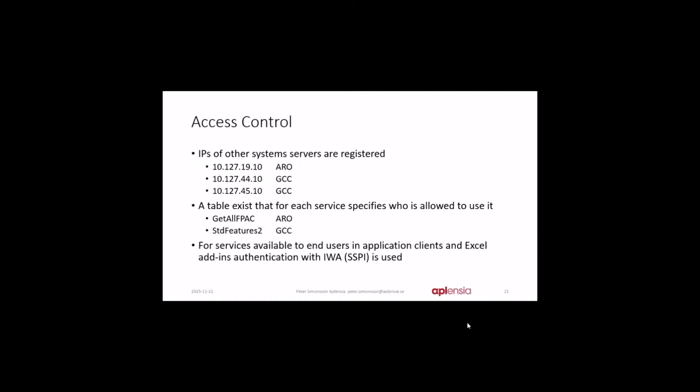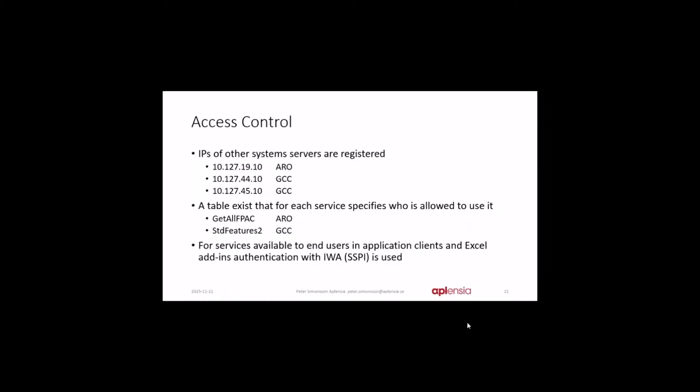Access control is of course quite important because to some extent this is data that shouldn't be available to just anyone. So we have a handling for who should be able to use what services, and basically we keep a table of what system has what IP addresses, and then for each service who is allowed to use it.